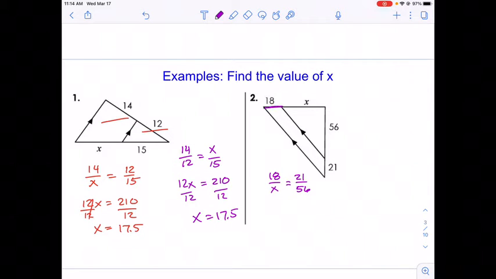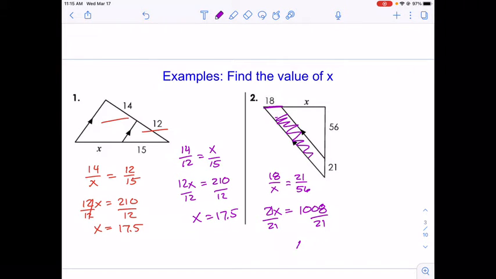Remember, the 18 and 21 need to go together, either one over the other, or both on top or both on bottom. Then you can cross multiply. You could also simplify 21 and 56, but you can also just cross multiply. So we get 21x is equal to 18 times 56, which is 1008. Then divide by 21, and x is going to give us 48.